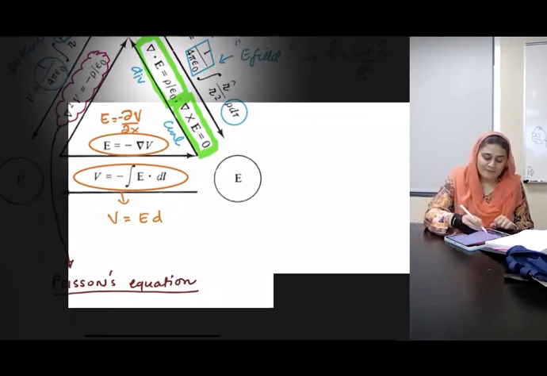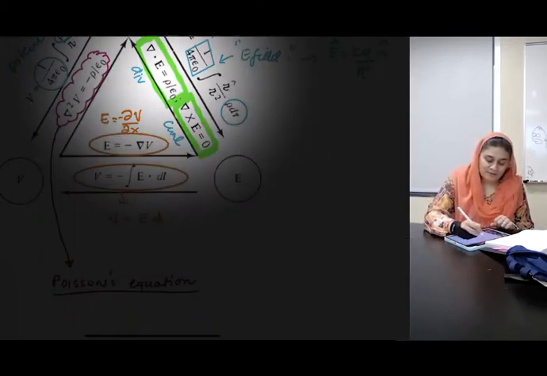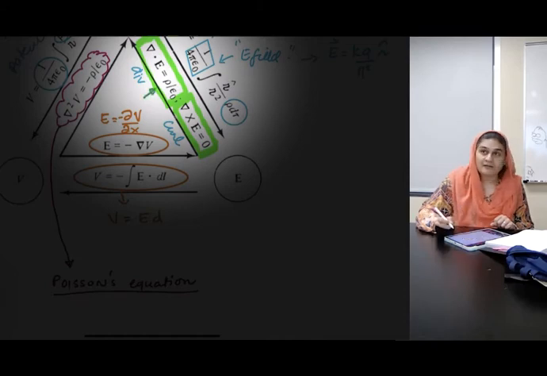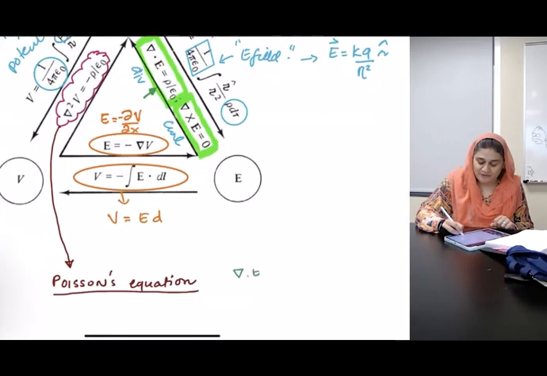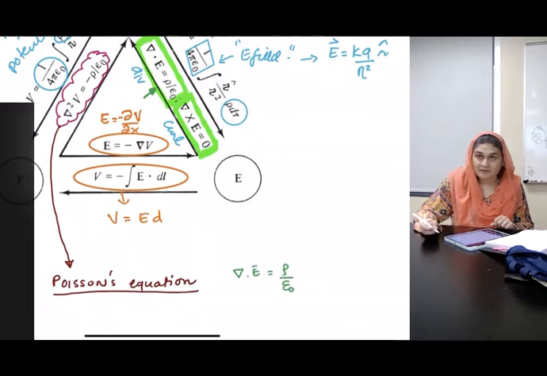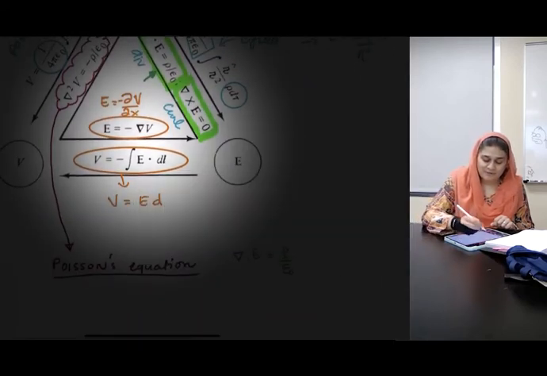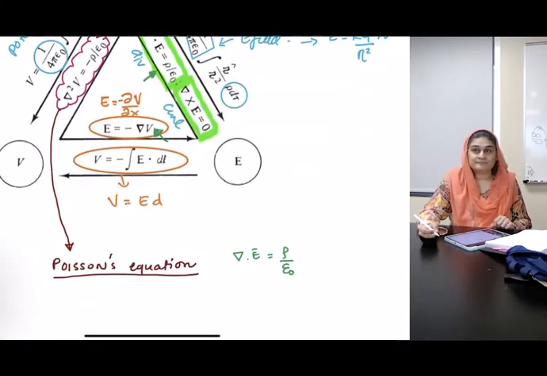Okay, I will use the equation I wrote in here, the green one. So that is just my divergence of E. And I'm going to use this equation that I wrote here. With me so far?